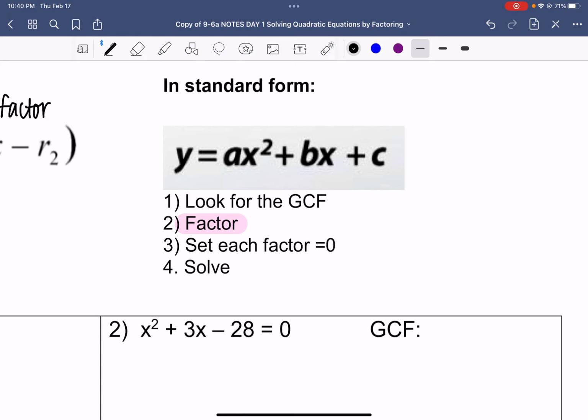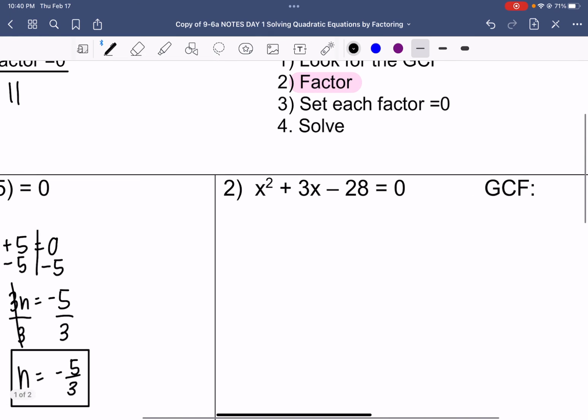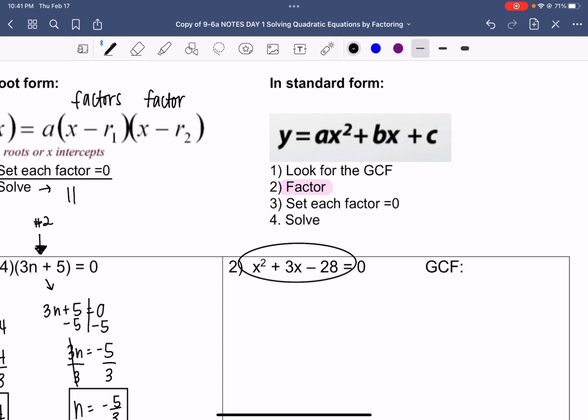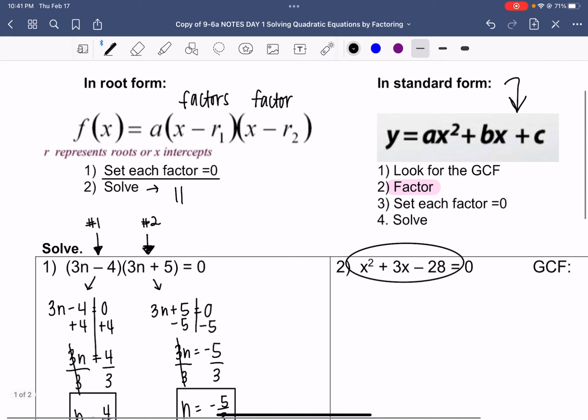So if our quadratic is in standard form, being an x squared plus x minus a number, okay? It's not in factor form, in root form, where it gives us both of our factors.